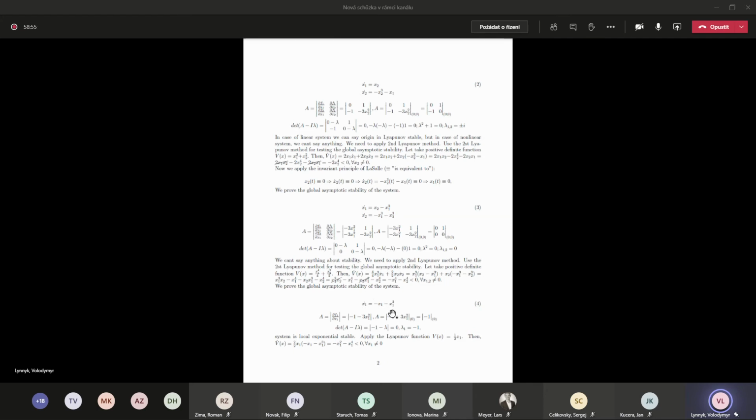But if, for example, we choose x1 dot equals minus x1 plus x1 squared or cubed, what can we say about the system if we change this term to plus x1 squared, for example? Is this system stable or not?